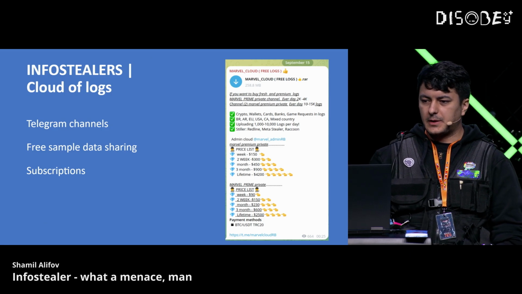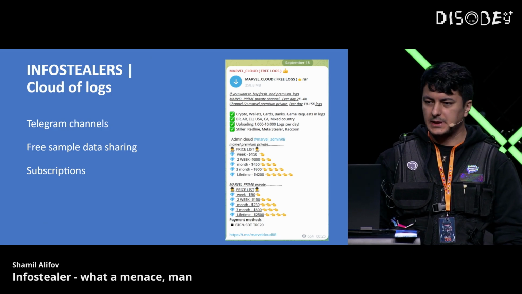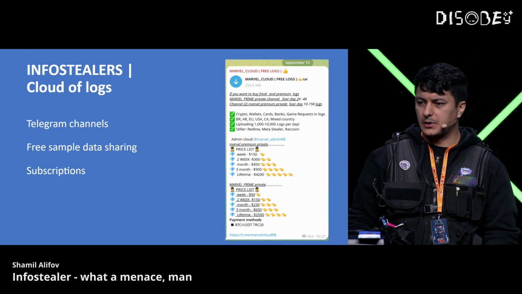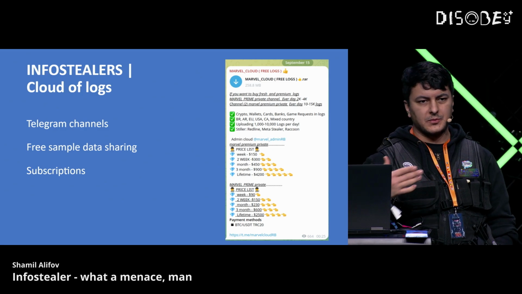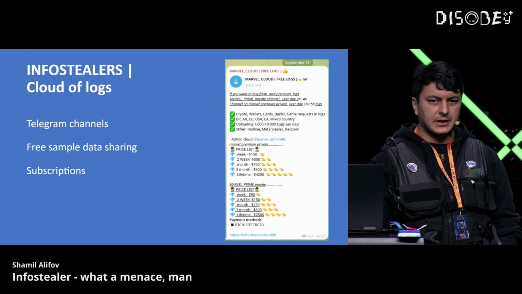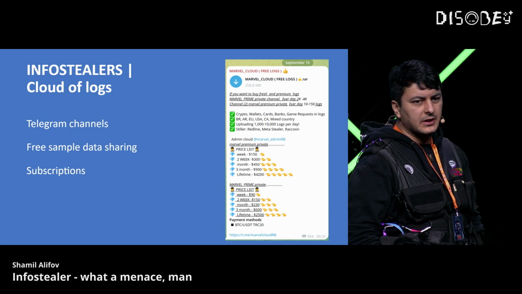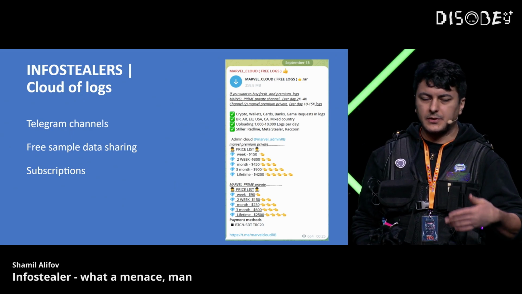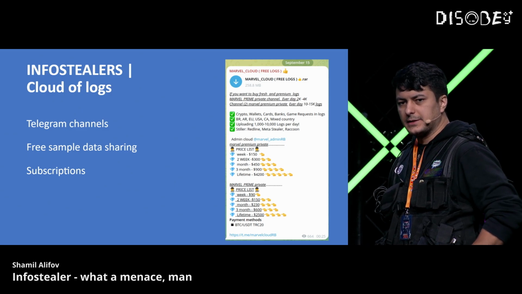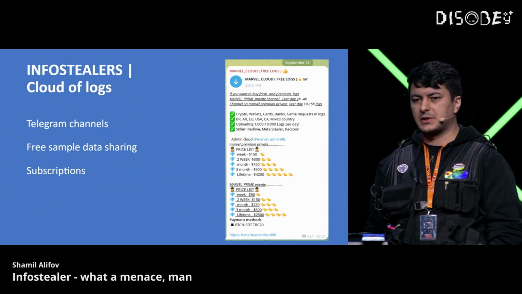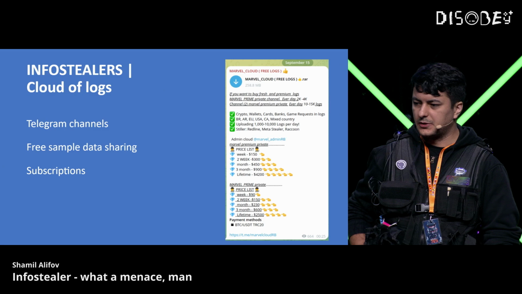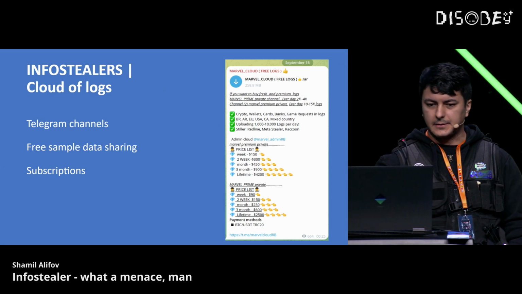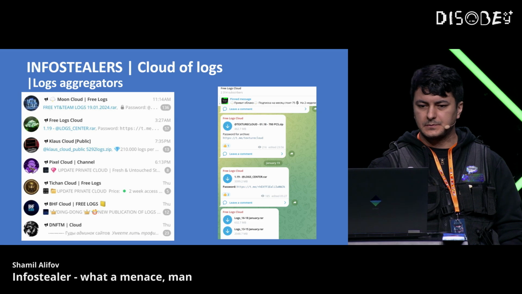Now, let's talk about Telegram. It's amazing. There are a lot of Telegram channels that, for example, would sell victim data. And they will share some sample data because sharing is caring, so you can check out if the data is good, then you can subscribe to their services and get more private infections.